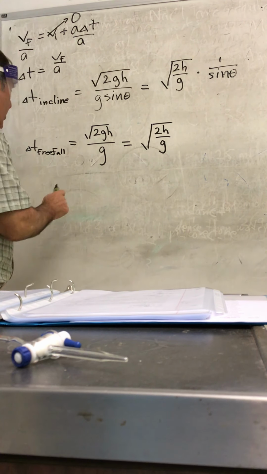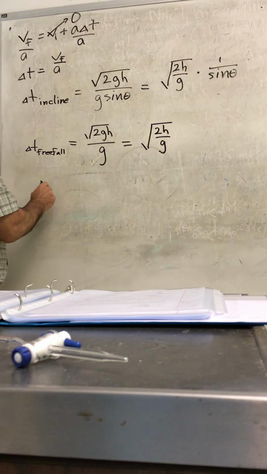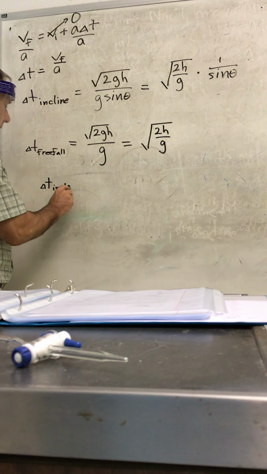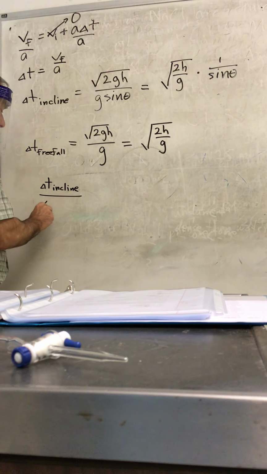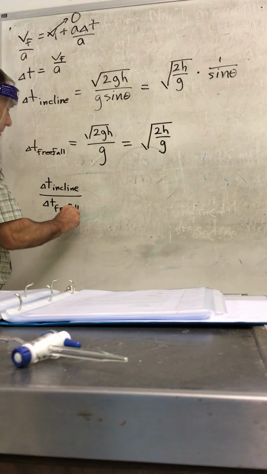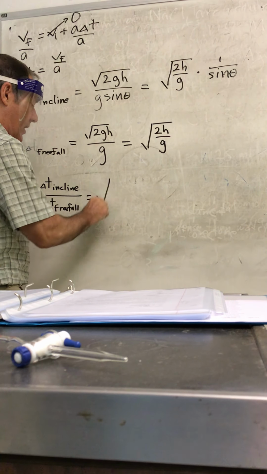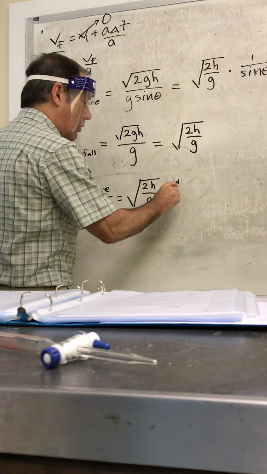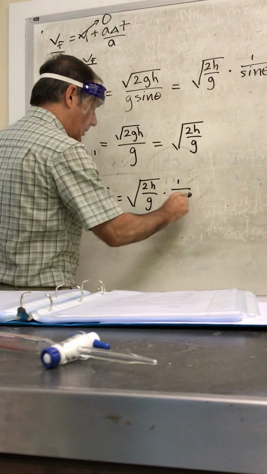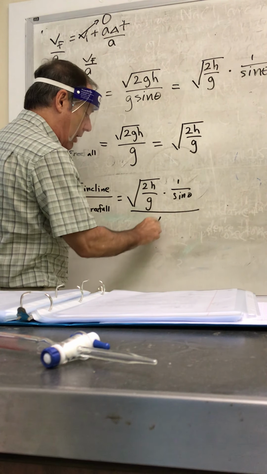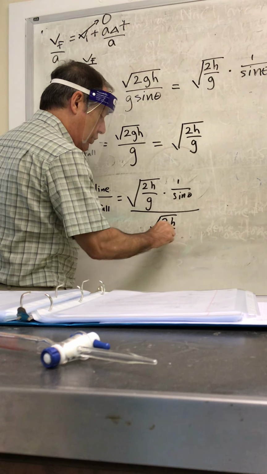Okay. The ratio of these two, just for giggles, delta t incline over delta t of free fall, is this times 1 over sine theta, divided by, again, for free fall, just square root 2h over g.